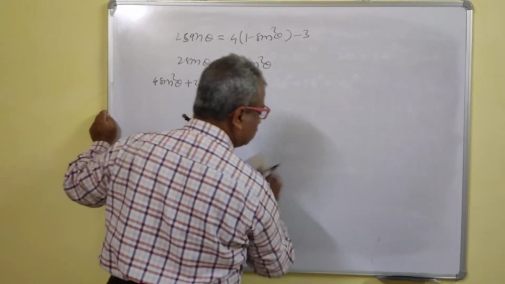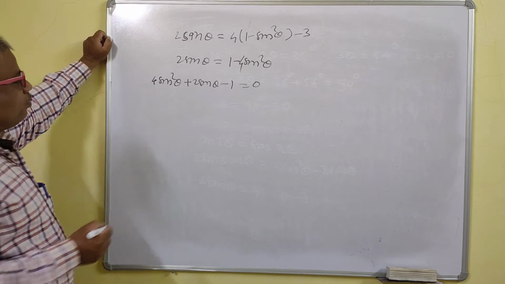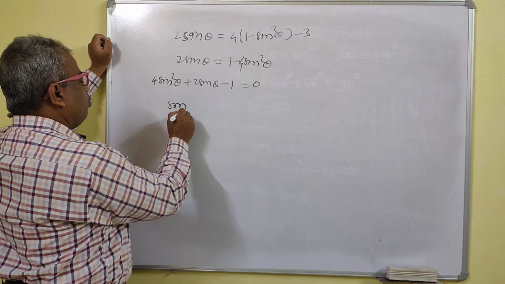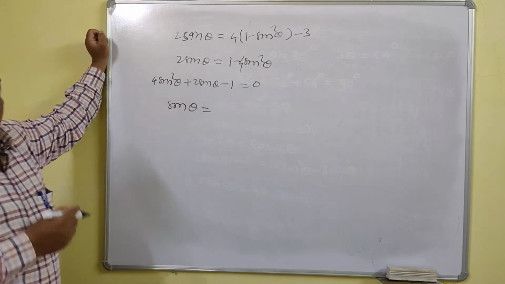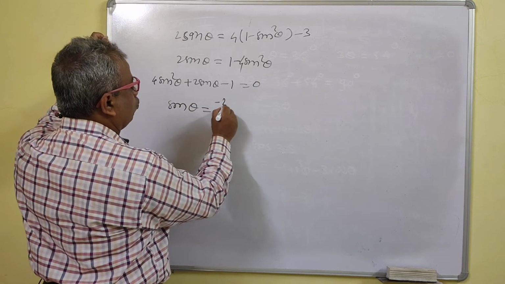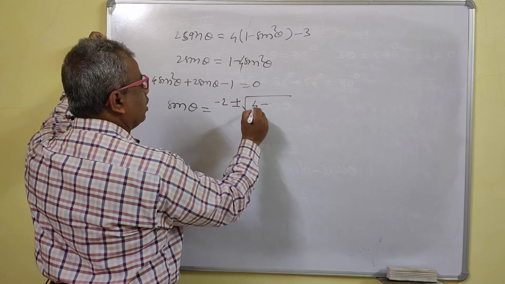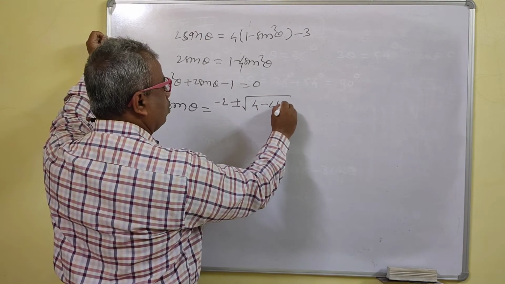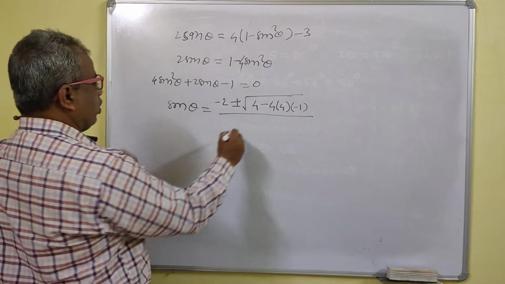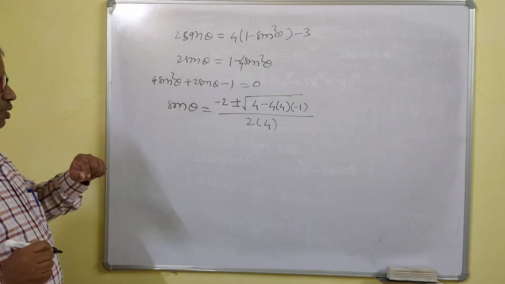Now this is a quadratic equation in sine. We'll solve this by the standard formula: minus b, your b is 2, so minus 2, plus or minus root of b square, which is 4, minus 4 times a times c, where a is 4 and c is minus 1, upon twice a, so 2 into 4. Now simplify this.